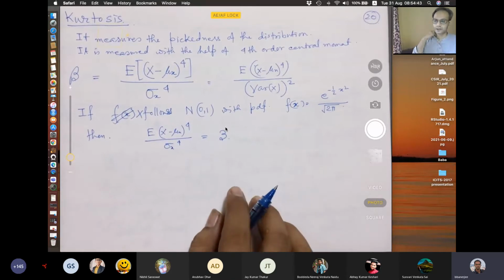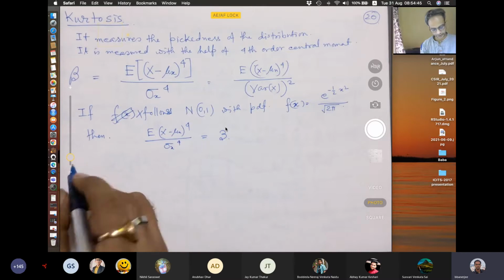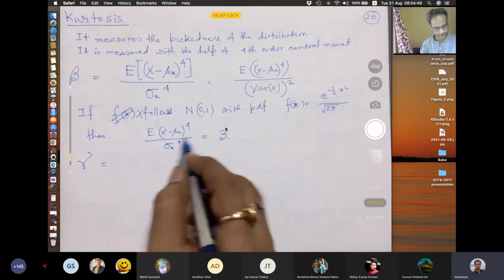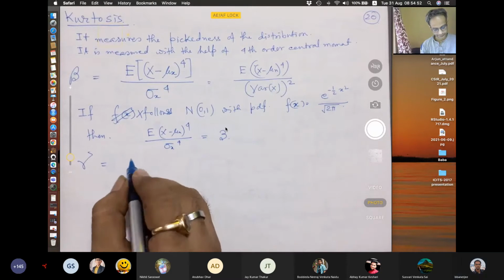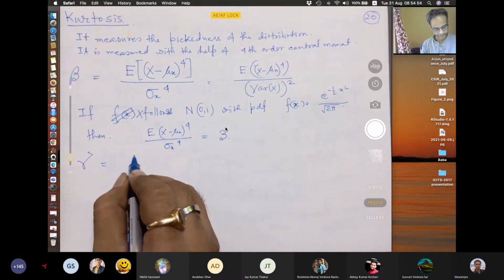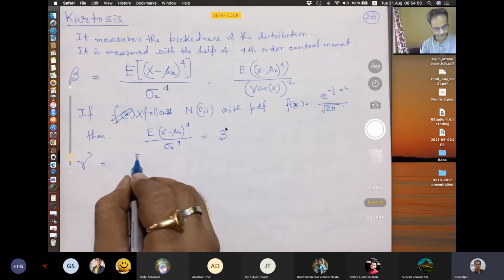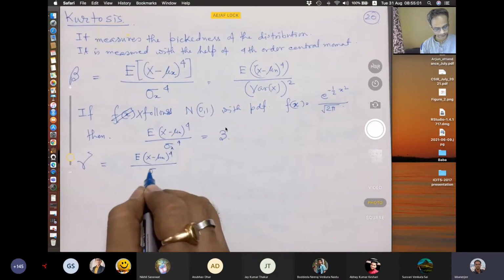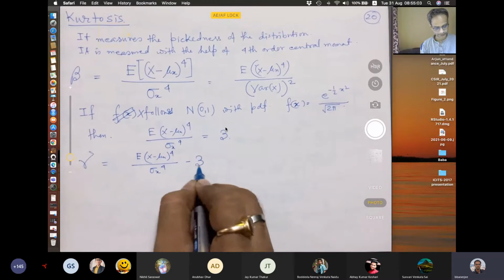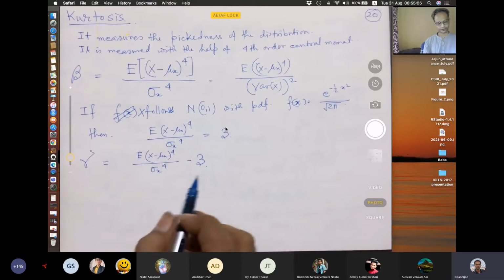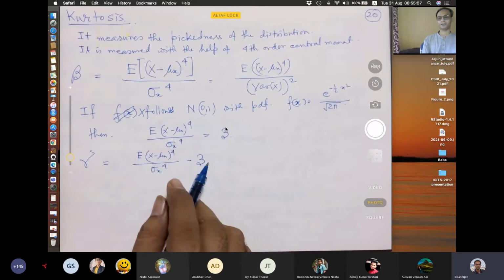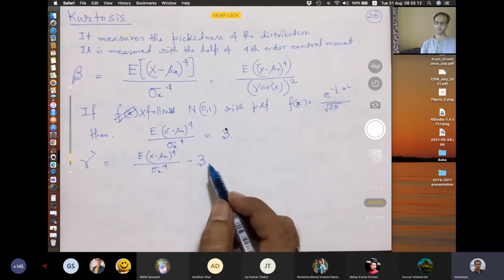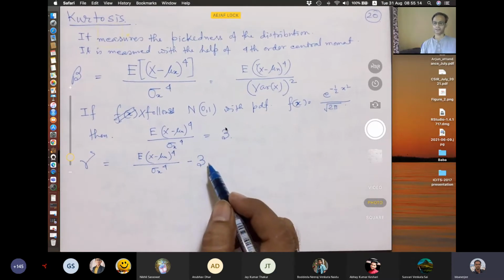So often it is measured this way also, that gamma equals this quantity minus 3. Subtracting 3 or not subtracting 3 is not a big deal.